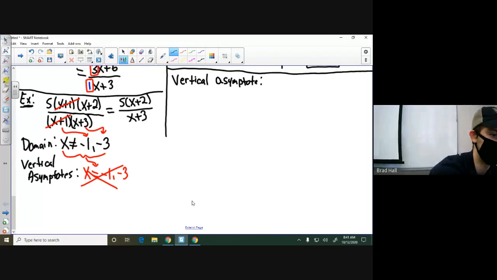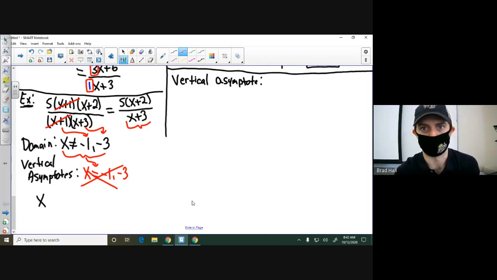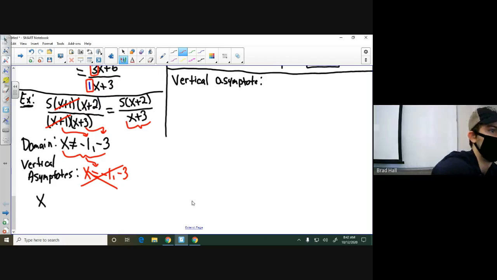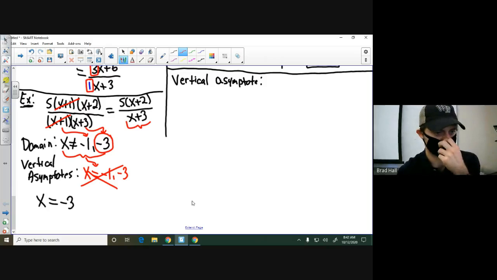So the true vertical asymptote stems from whatever number is left over, that cannot be removed. It's a non-removable discontinuity. So notice I'm only taking one of the answers. The other one, I removed it, so it cannot be an asymptote.